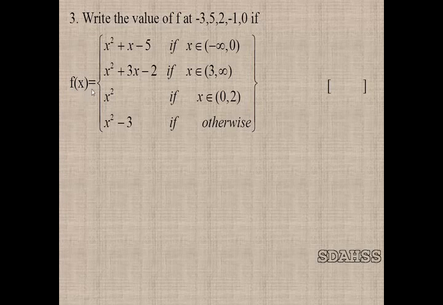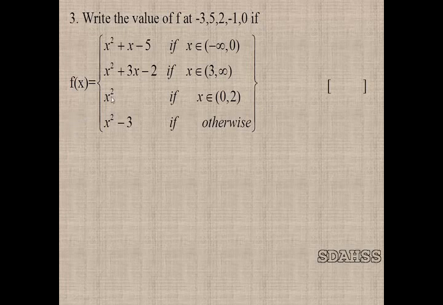Then f of x is equal to x square plus 3x minus 2 if x belongs to 3, infinity. Here the x value lies between 3 and infinity. Between means 4, 5, 6, etc.